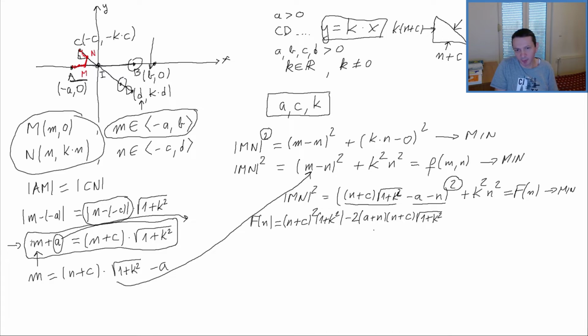So this is simply by formula, this first term times second and times 2, and plus the second one squared, which will be a plus n squared, and also finally the last one is this one, k squared n squared.